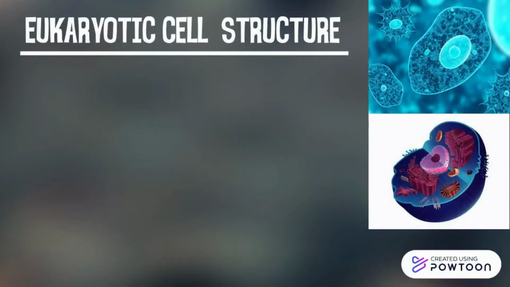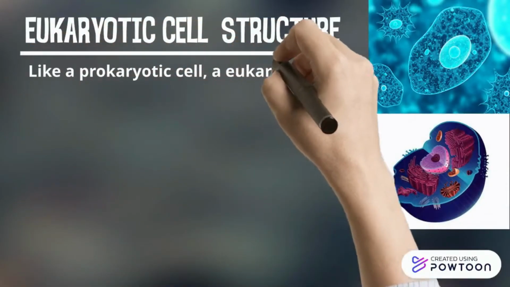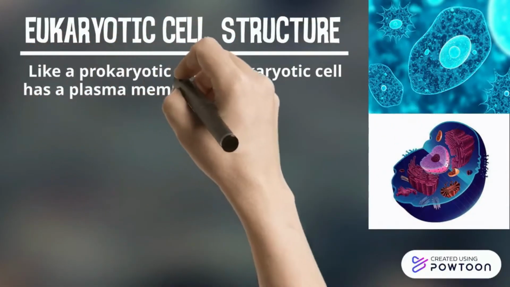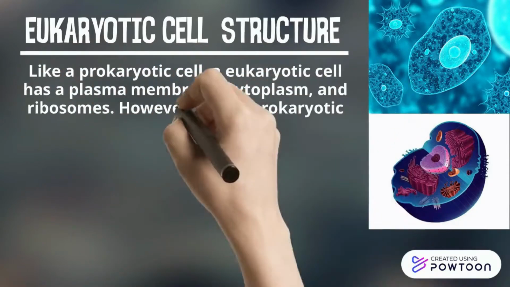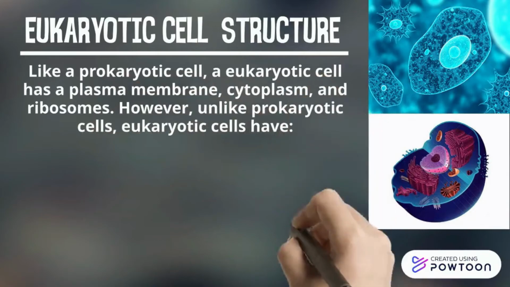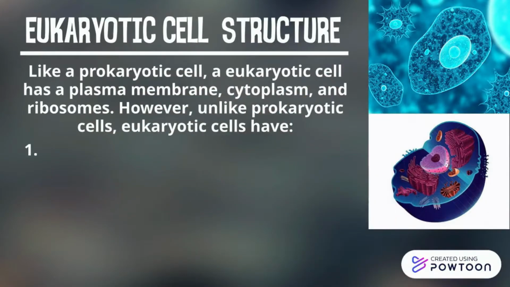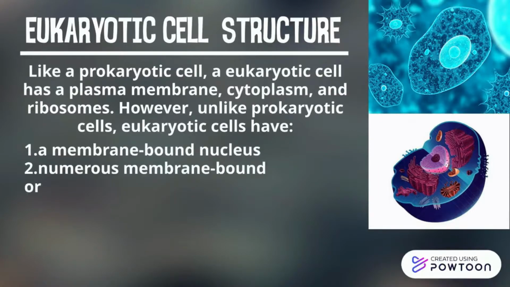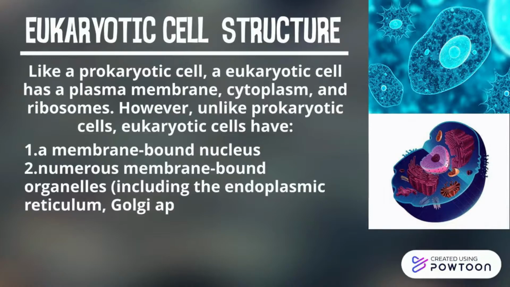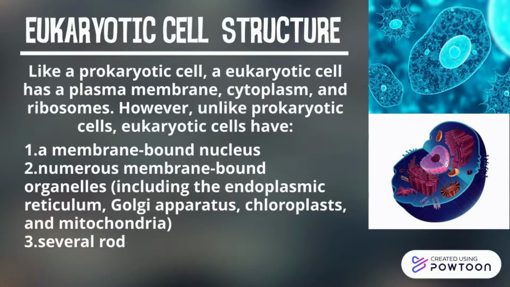Like a prokaryotic cell, a eukaryotic cell has a plasma membrane, cytoplasm, and ribosomes. However, unlike prokaryotic cells, eukaryotic cells have a membrane-bound nucleus and numerous membrane-bound organelles, including the endoplasmic reticulum, Golgi apparatus, chloroplasts, and mitochondria, and several rod-shaped chromosomes.